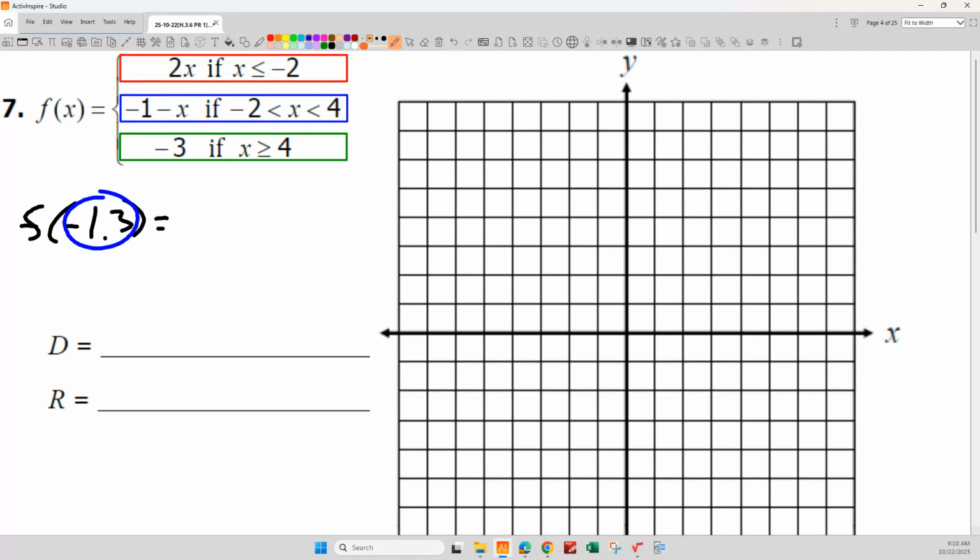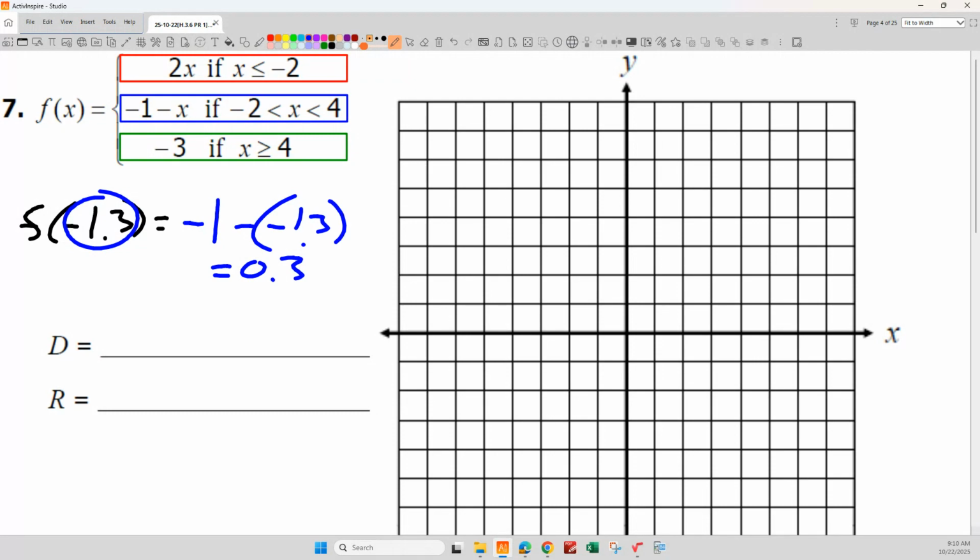So I would plug negative 1.3 into the blue function. So I'd get negative 1 minus negative 1.3, which is what? Yeah. That'd be like negative 1 plus 1.3. So I just get 0.3. Make sense? Okay.